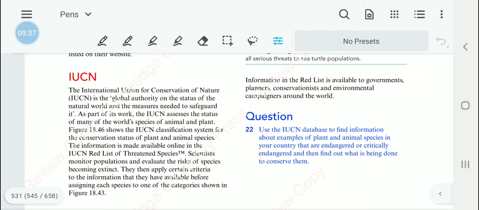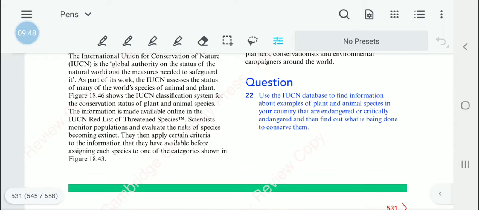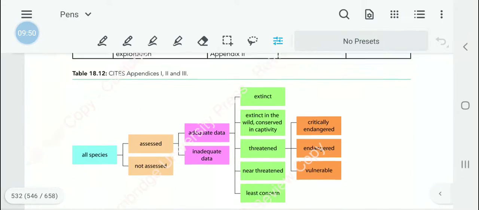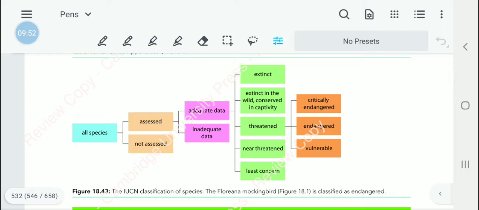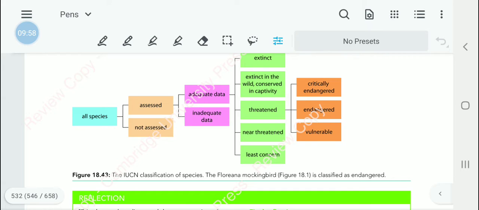Their aim is to remove animals from the red list of threatened species to lower risk categories. Please draw this figure 18.43.